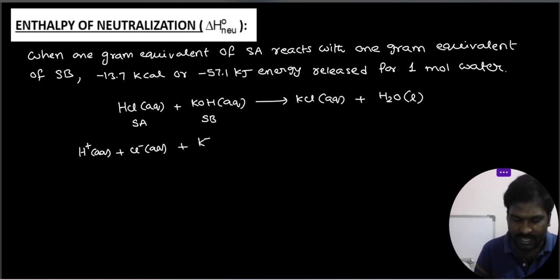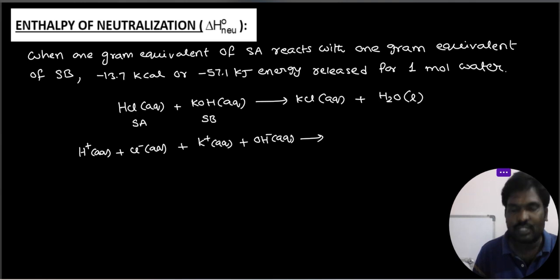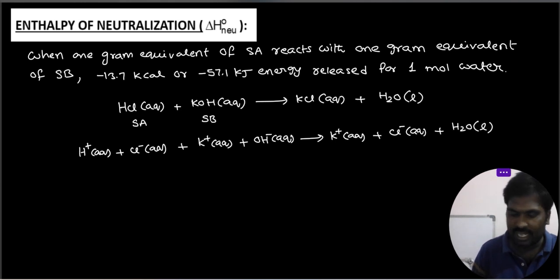How can we write? K plus aqueous plus OH minus aqueous giving rise to KCl aqueous. How does it dissociate? K plus aqueous plus Cl minus aqueous, plus water, ionization negligible, H2O liquid.